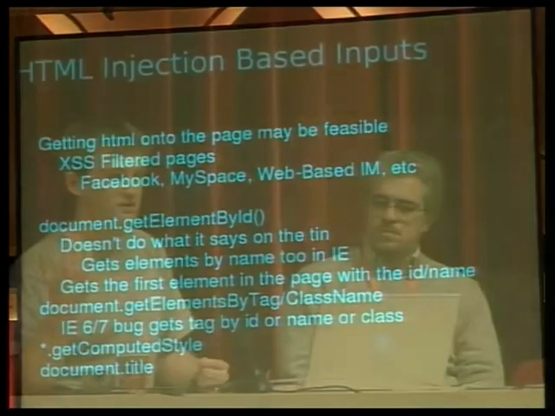For example, when some JavaScript tries to get some input from the actual page, it might use functions such as document.getElementById, which is meant to look at all the IDs in a page and then return a reference to a specific object. But a lot of these don't actually do what they're called. For example, document.getElementById gets elements by name as well.